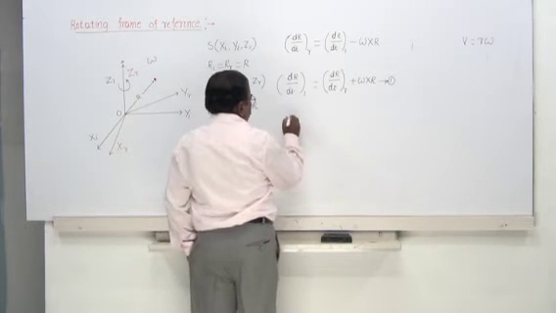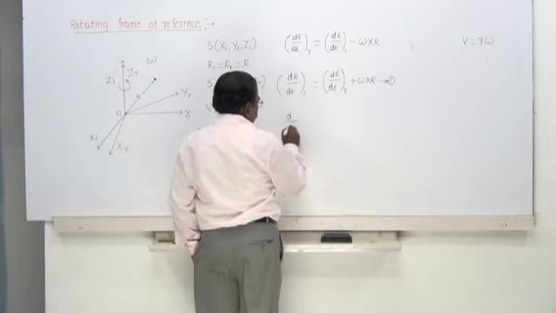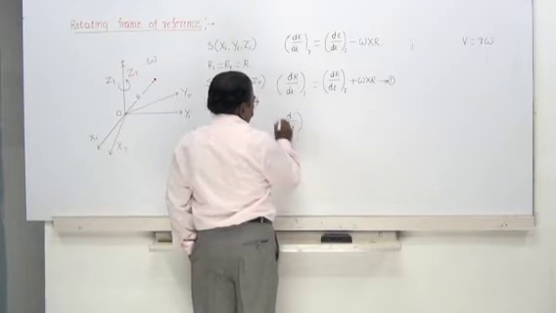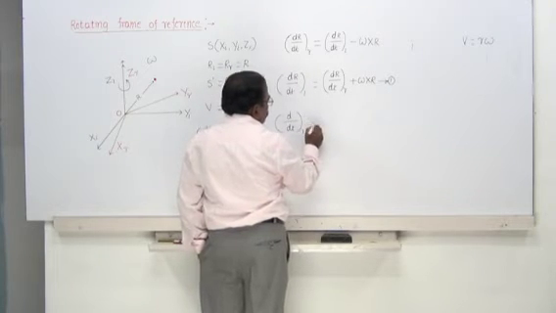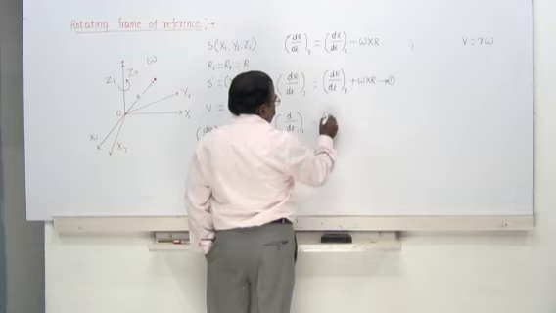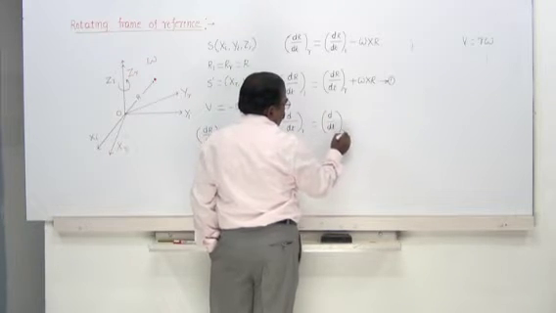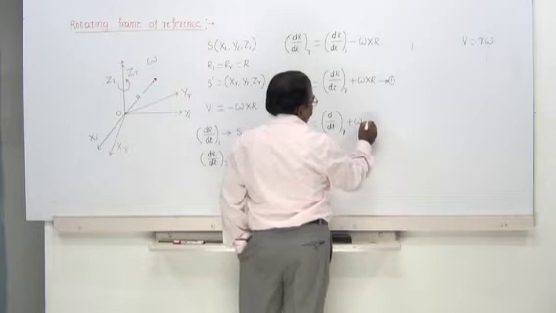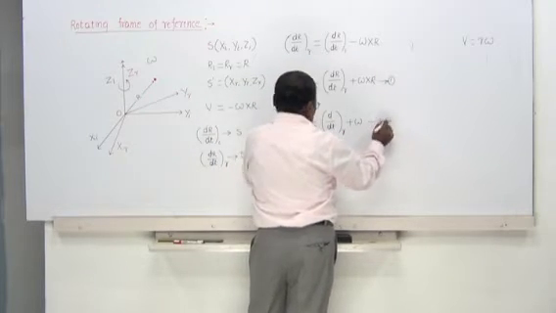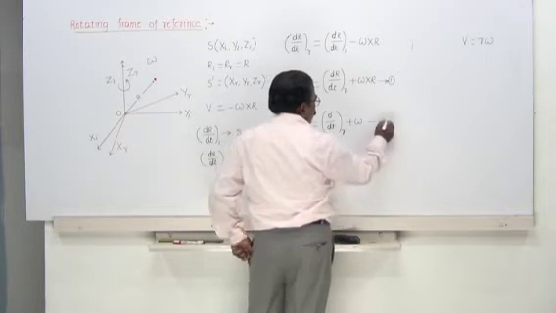Our operator equation is d upon dt in the inertial frame is equal to, once again, the operation of d upon dt in the rotating frame plus omega cross. Call this equation 2.